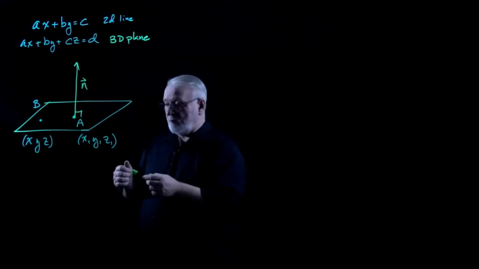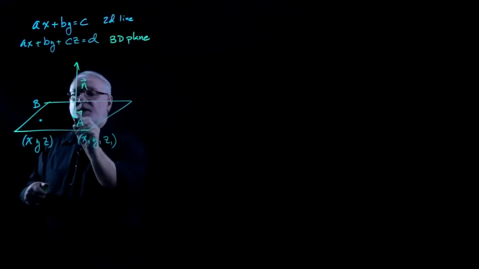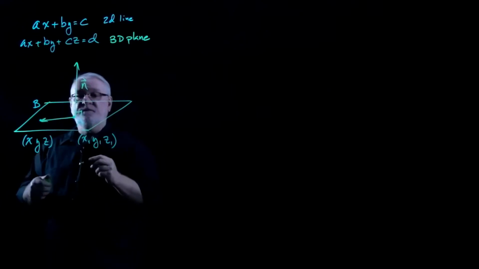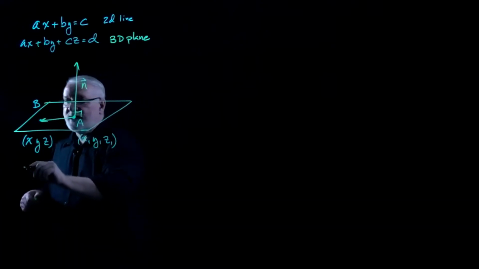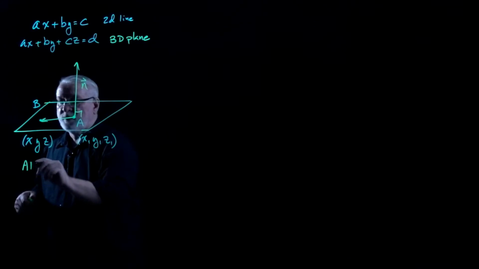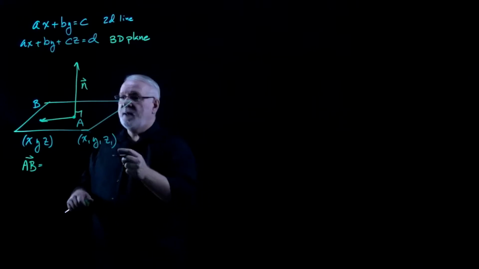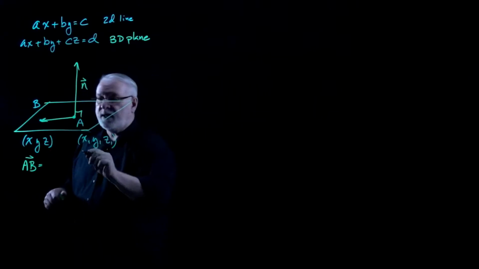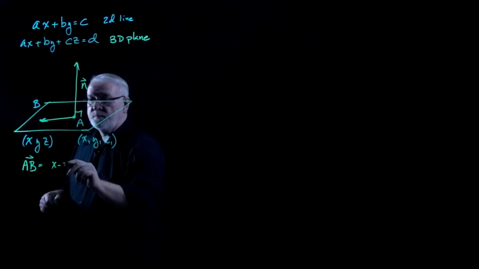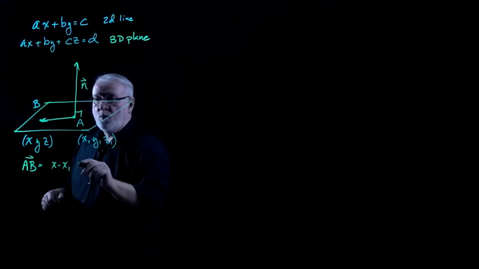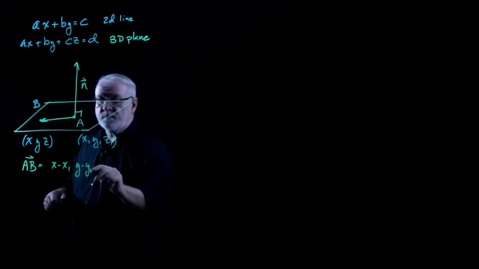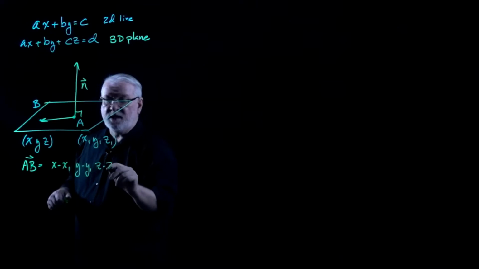What I want to do is connect point A to B with a vector, vector AB. Let's identify the coordinates of vector AB right now, since they're both well defined. From A to B would be x minus x1, y minus y1, and z minus z1.